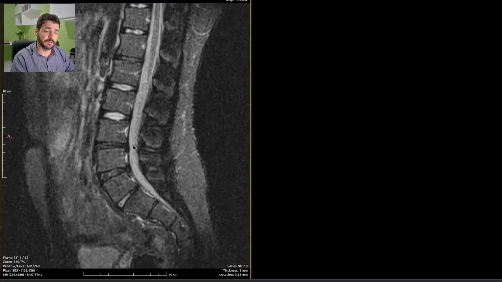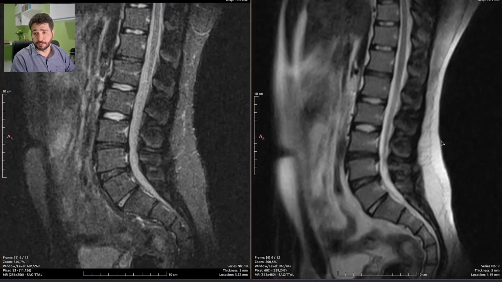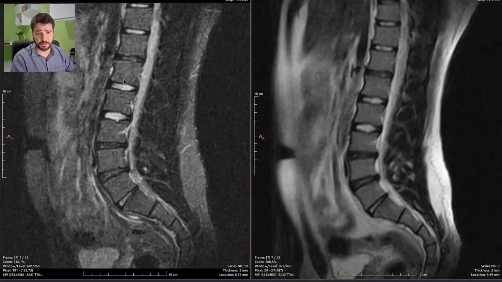Indeed, this is a bad looking lumbar spine. This is a pure T2 weighted image of the spine. The field of view is way too big for this patient.